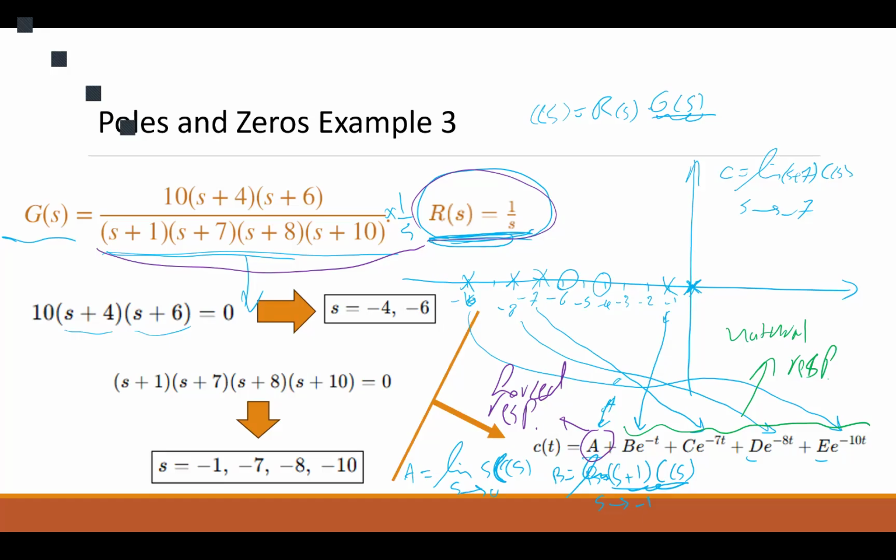When t goes to infinity, all those exponentials become 0 because they have a minus power in them. What remains at infinity is just the A, which is related to the input. So that A, in this example, is your steady state response, which comes from the forced response.